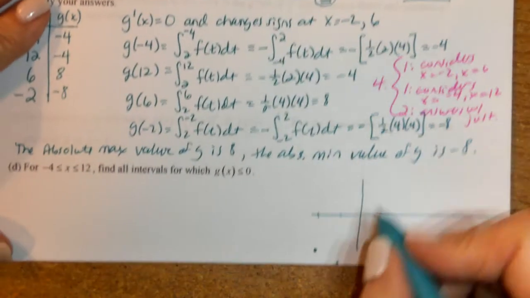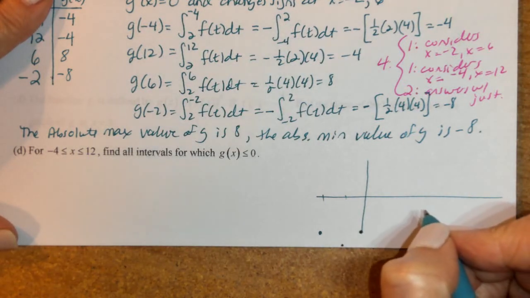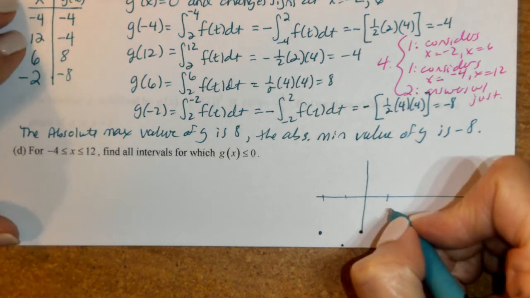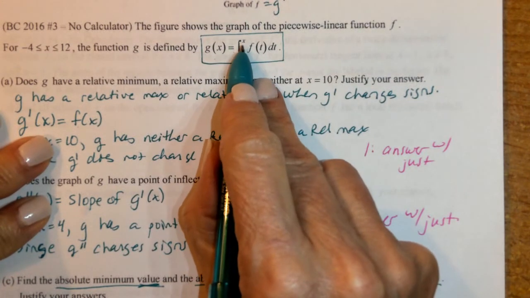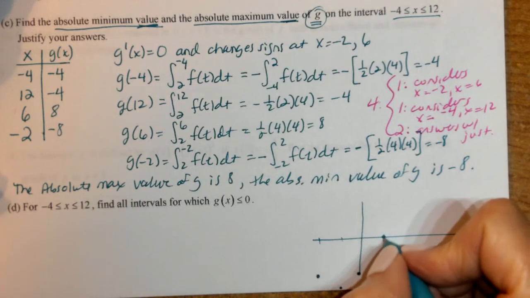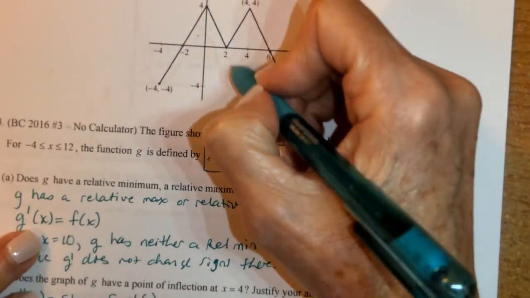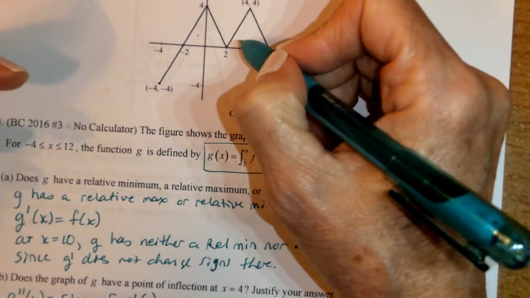So it makes sense to me that at 0 I'll be back to negative 4. Okay? When x is 2, we are at 0. When x is 2, the integral would be 0, right? So we are at 0 there, which again makes sense to me because we're always moving by 2's.